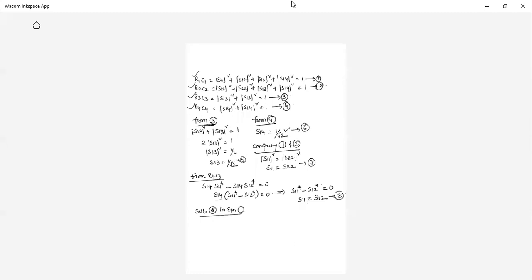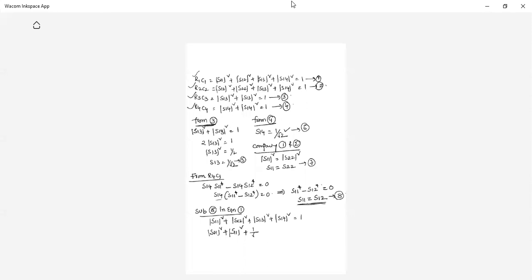Tell me, Amma, what is the first expression? Let us write the first expression. S11 square plus S12 square plus S13 square plus S14 square is equal to 1. Now I can write S11 square plus, according to 8, S12 is S11 square. What is S13 according to 5?